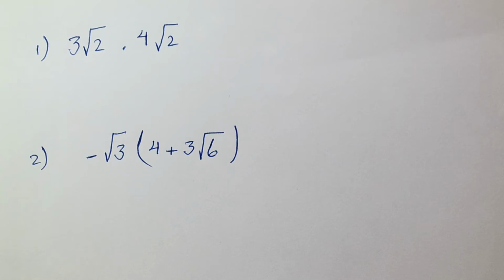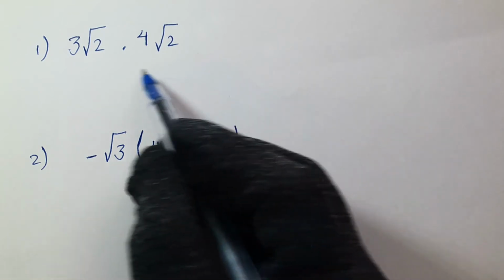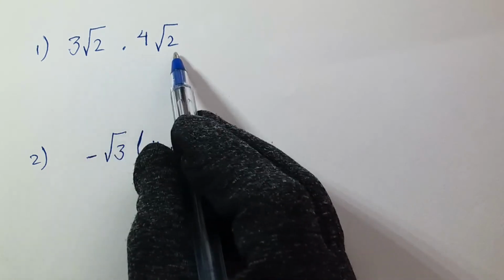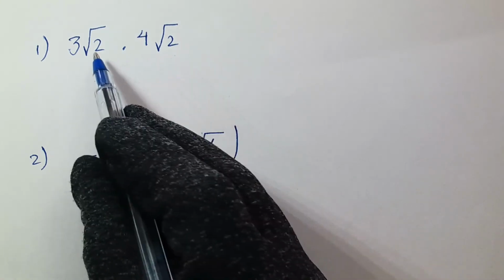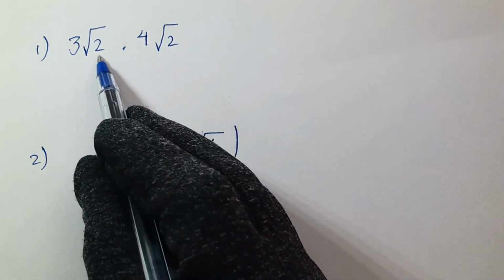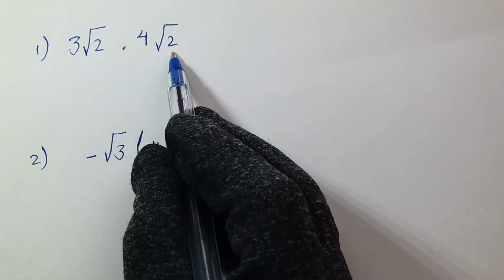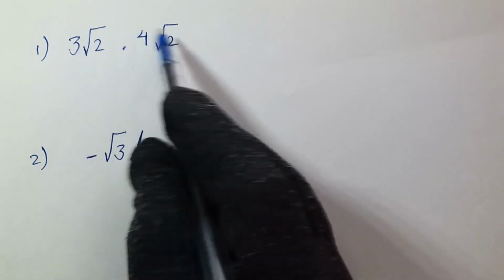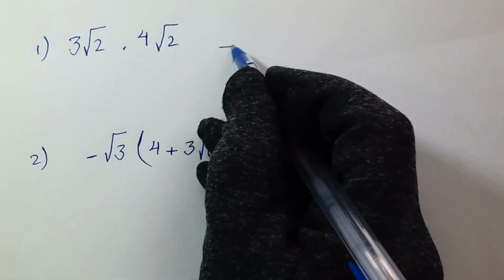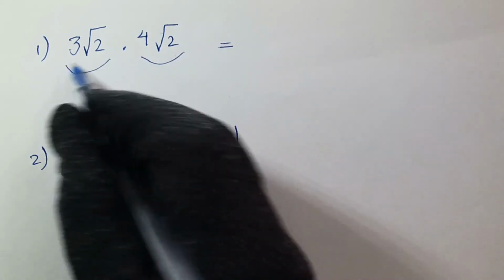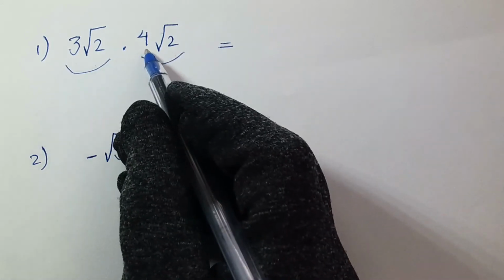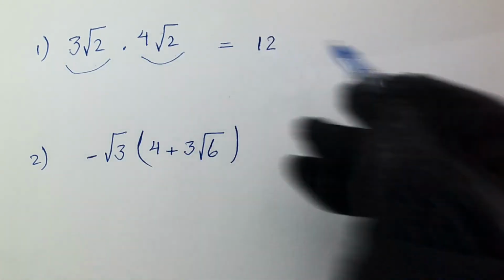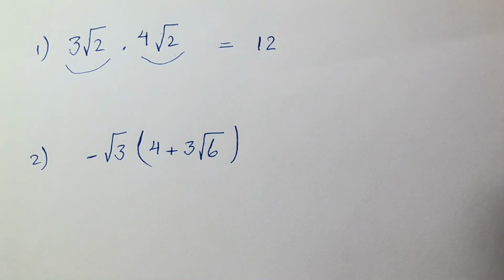Let's multiply and simplify the answer. The first one: in multiplication, it's not necessarily that what you have inside the radical must be the same. The only thing you must have is the same root. So for multiplication between these two terms, 3 square root of 2 times 4 square root of 2, the numbers outside multiply by each other, so 3 times 4 is 12.